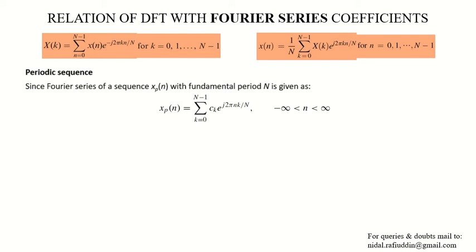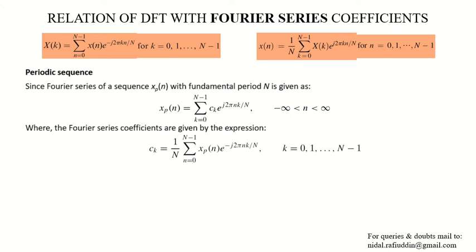So this Fourier series accompanies the Fourier series coefficients, which are given by the expression c_k equal to 1 upon N summation n equal to 0 to N minus 1 x_p[n] e raised to power minus j2 pi nk divided by N, where k is from 0 to N minus 1. So this is again an N point sequence.